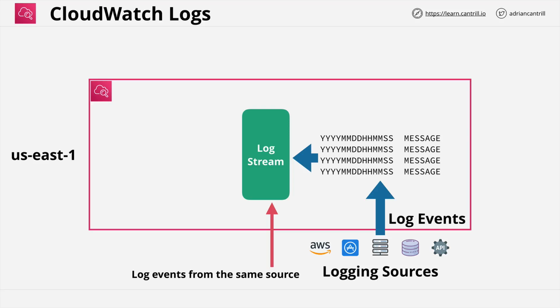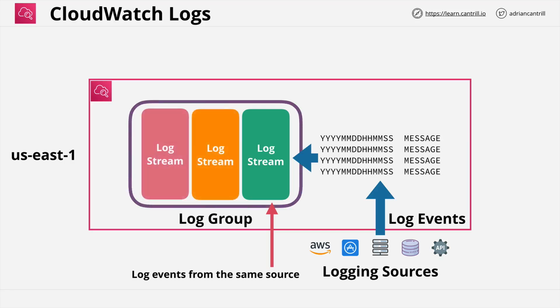Now we also have log groups. And log groups are containers for multiple log streams for the same type of logging. So continuing the /var/log/messages example, we would have one log group containing everything for /var/log/messages.